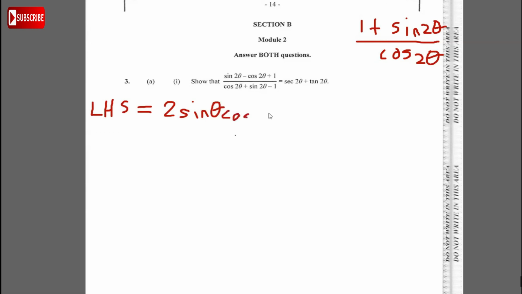And then we want to plug in the identity for cos 2 theta. There are 3 identities, but I'm going to use 1 minus 2 sine squared. You might wonder why. I'm using this one because I want sine in the numerator to be dominant and cos in the denominator to be dominant, if that makes sense. So I'm going to use 1 minus 2 sine squared for cos 2 theta, plus 1.